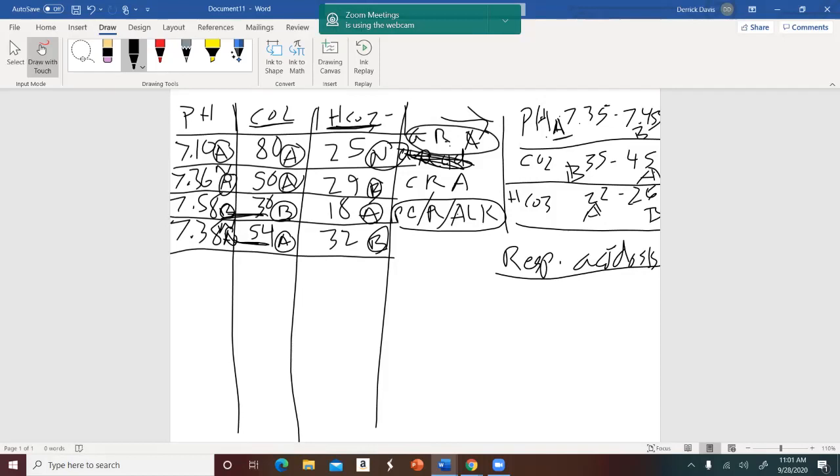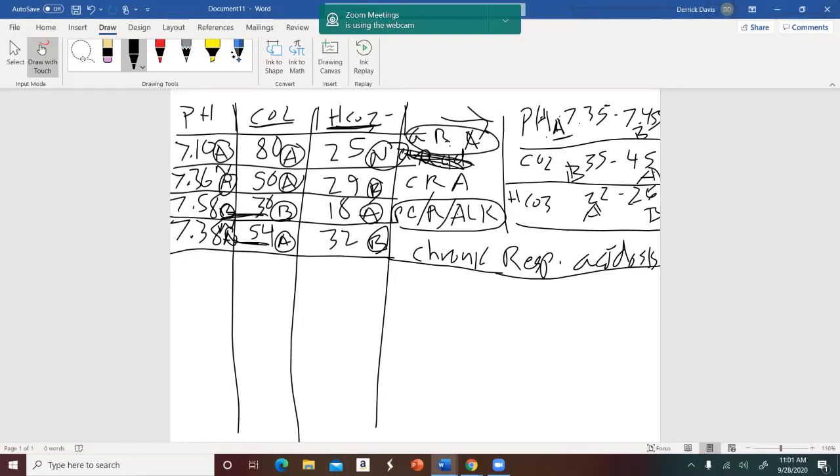So if the pH is normal and both the CO2 and bicarb are off, we know that this is a chronic or compensated respiratory acidosis. So there are synonyms, chronic, compensated. You can use them either way. So this is a chronic or compensated respiratory acidosis. This would be a very similar blood gas to what you might see with someone that has chronic CO2 retention like emphysema or COPD. All right, so let's keep going.